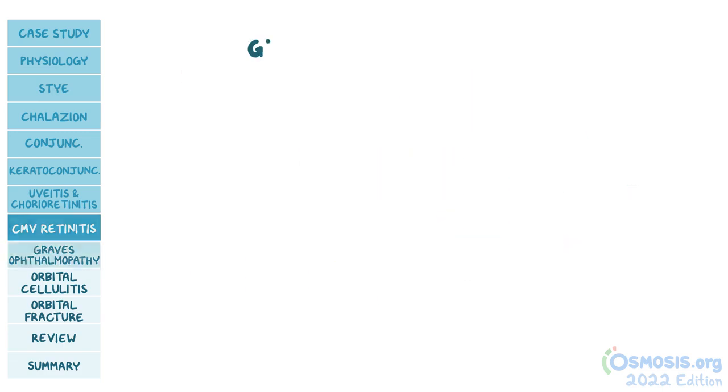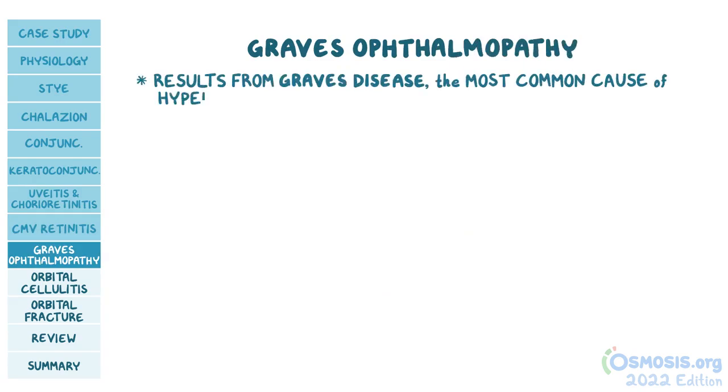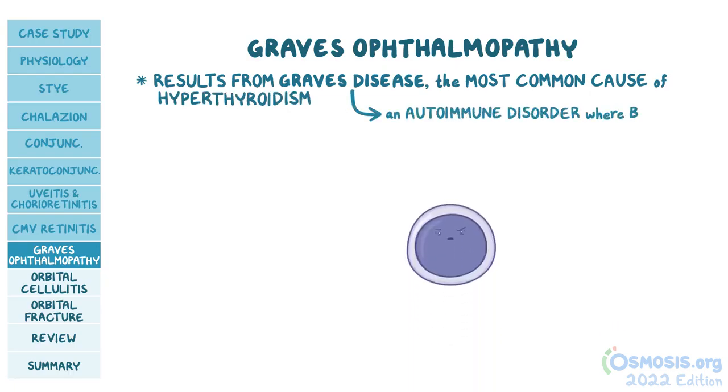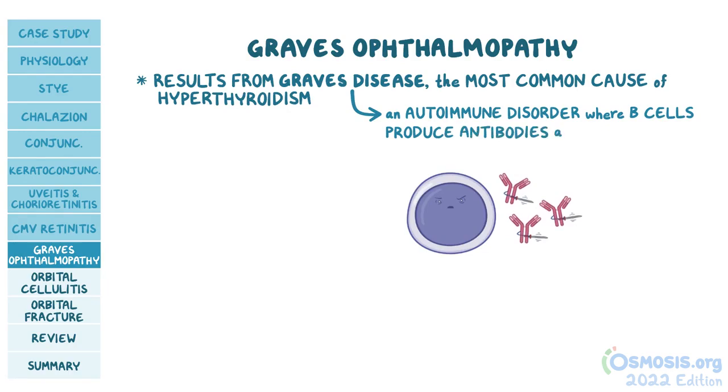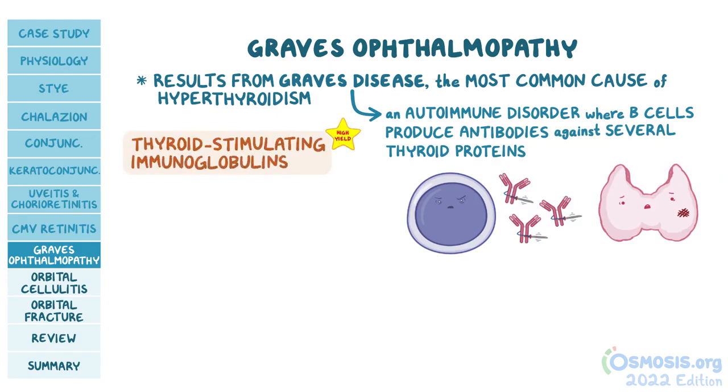Moving on to Graves' ophthalmopathy, which results from Graves' disease, the most common cause of hyperthyroidism. Graves is an autoimmune disorder where B cells produce antibodies against several thyroid proteins. The most high-yield autoantibodies you need to remember are thyroid-stimulating immunoglobulins.